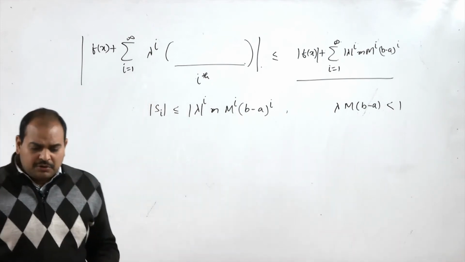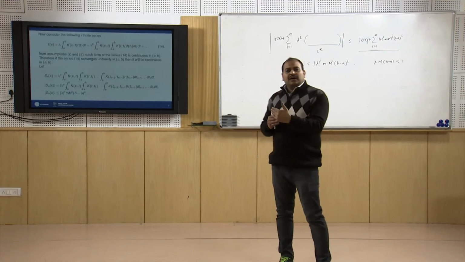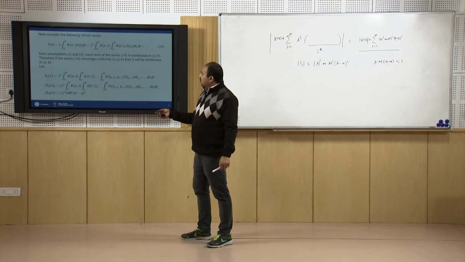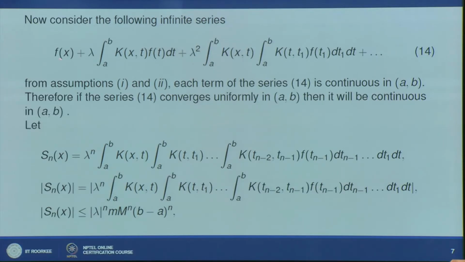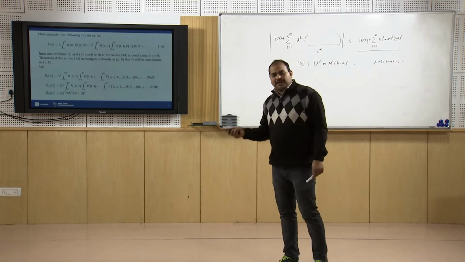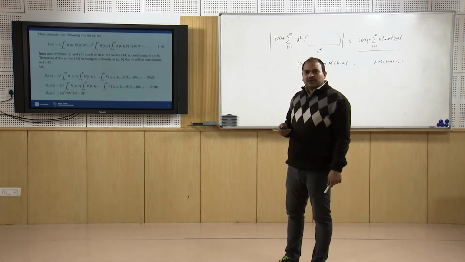The benefit of uniform convergence is that each term is continuous here. If you look here, this f of x is continuous, this is continuous, so every term is a continuous function. So this is an infinite series of continuous functions, so your limit is also going to be a continuous solution.